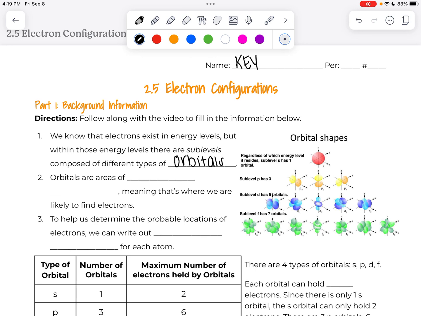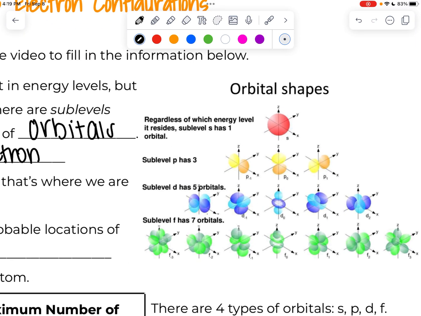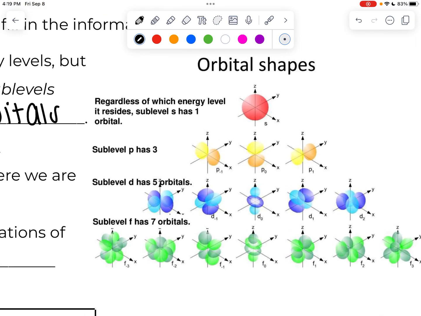And what actually is an orbital? All an orbital is, is an area of electron density. What this means is these are areas where you are likely to find an electron, or find some electrons. If you're looking at that picture on the right-hand side, what that kind of shows you is that there are 4 different types of these sublevels, of these orbitals, and they range in order from not so crazy of a shape to pretty insanely shaped.